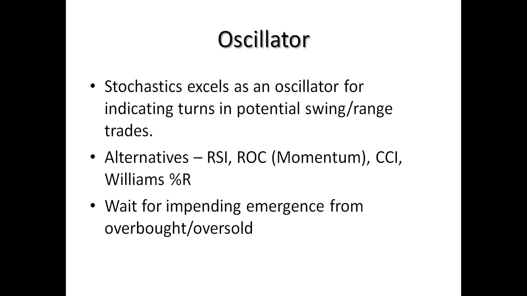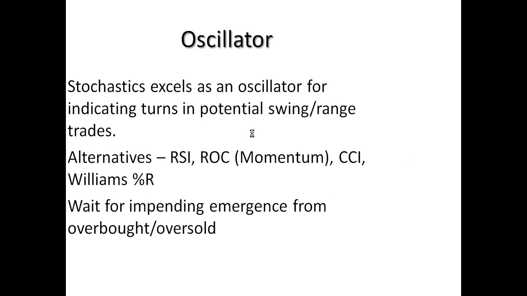Now, when the oscillator is in the middle between overbought and oversold, I don't care about the oscillator. I'm not even looking at it. I'm looking at it possibly for divergence purposes, but for any other momentum purposes, I don't care because it's not in overbought or oversold. At that point, it's not telling me a lot. Okay, that's the oscillator.